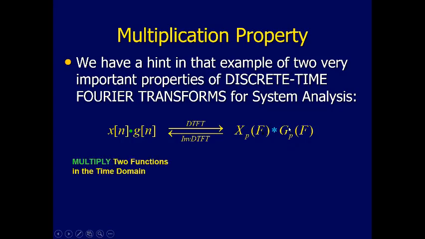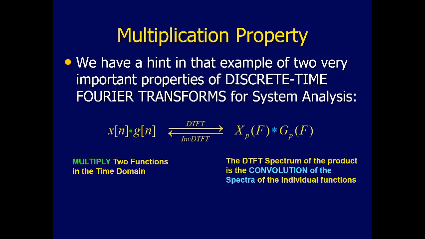So multiplying two time domain functions and then taking its DTFT results in a spectrum that is the convolution of the repeating spectrum, which is saying it's the circular convolution of x sub f and g of f, because they are forever long repeating periodic signals. So the only kind of convolution we can do is circular convolution.